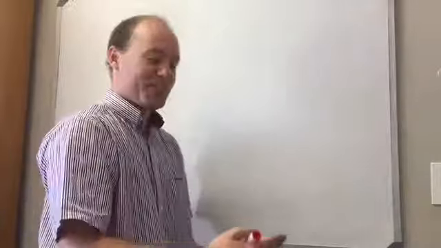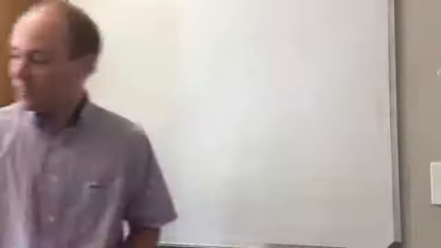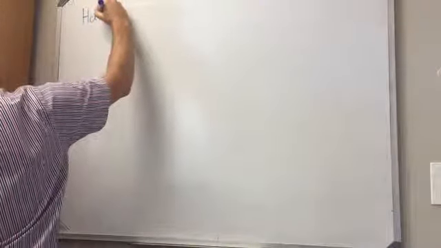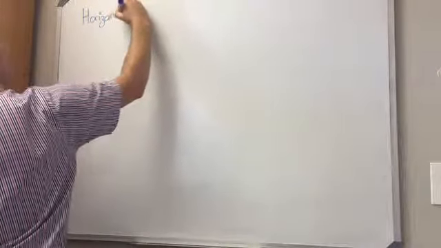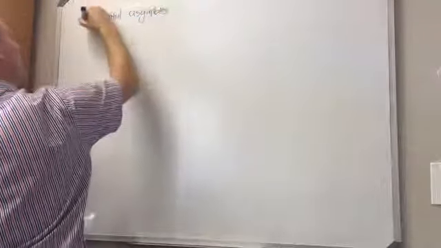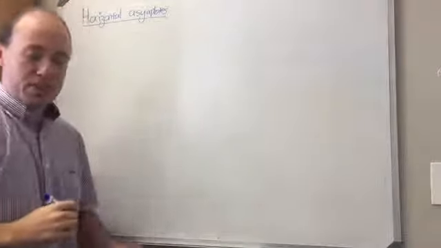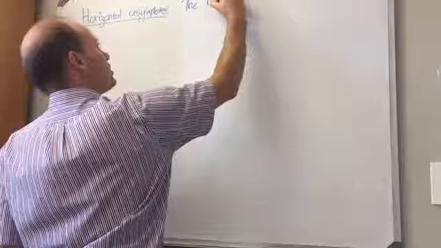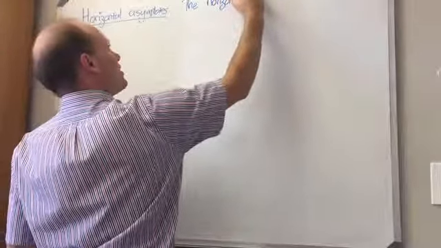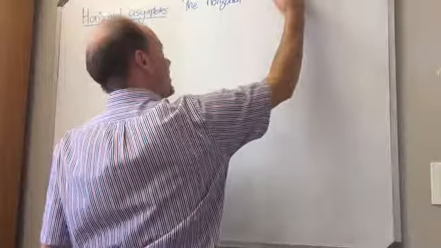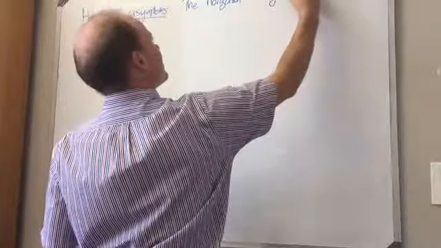Okay, horizontal asymptotes. So the previous was vertical asymptotes, now we're doing horizontal asymptotes. Okay, so the horizontal line, sometimes it's nice to actually write out horizontal line just to remind ourselves that the horizontal line is given by y equals a constant, right?